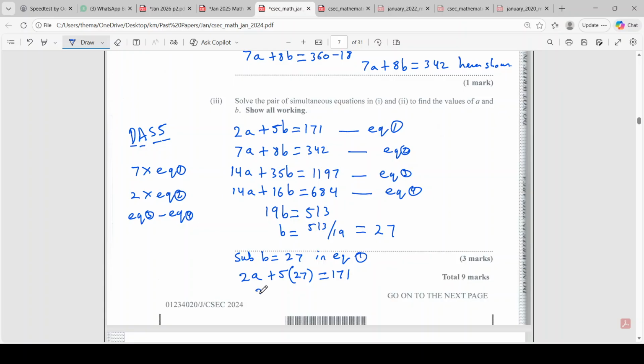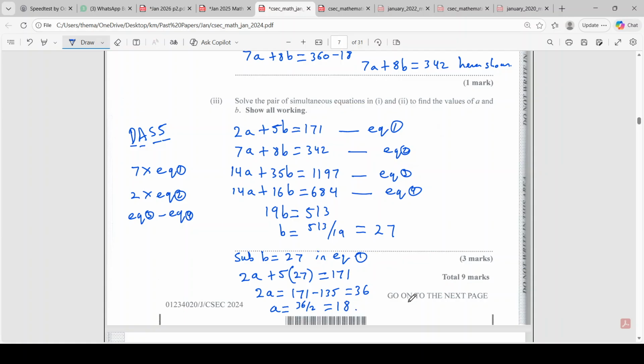So this will give me 2a is equal to 171. I multiply 5 by 27, is 135. You carry 135 across, so take away 135, which is 36. 2a is equal to 36, therefore a will be 36 over 2, which is 18.